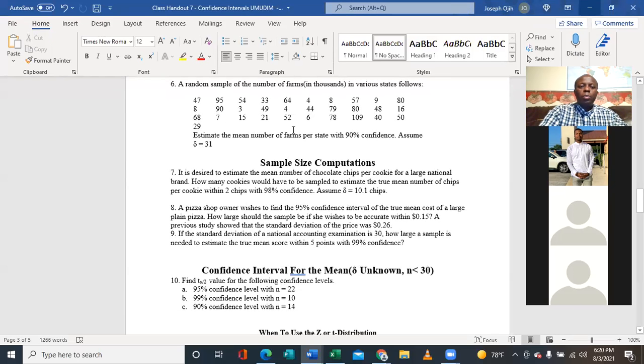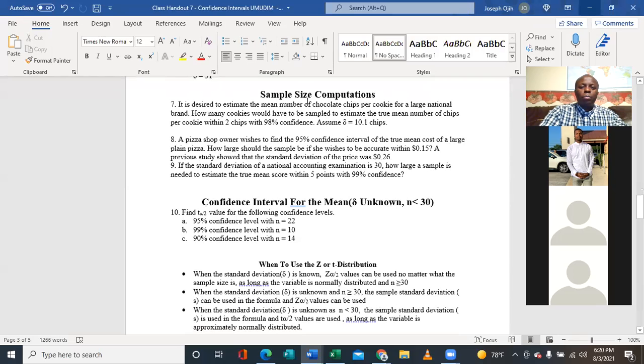Okay, now today we'll be working on sample size computations, computing minimum sample size. Like I explained earlier at the beginning of this class, most of the time we work with samples because you cannot study the population all the time unless you are doing a census. Studying the entire population is time consuming, expensive, and increases the chances of committing an error.